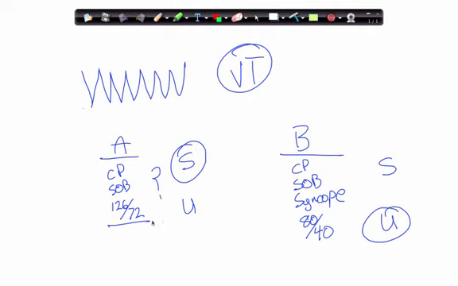Now, patient A, we're going to use amiodarone. In patient B, we're going to sync cardiovert them. Please look at the treatment algorithms in the ACLS section for video education over the specific treatments in each one of the algorithms.